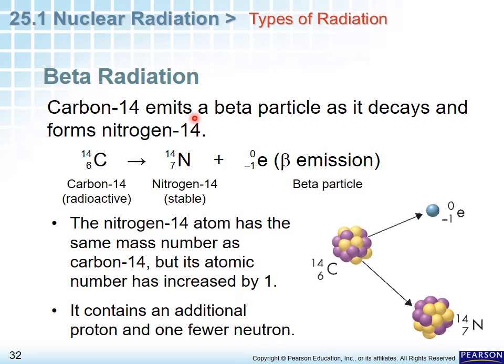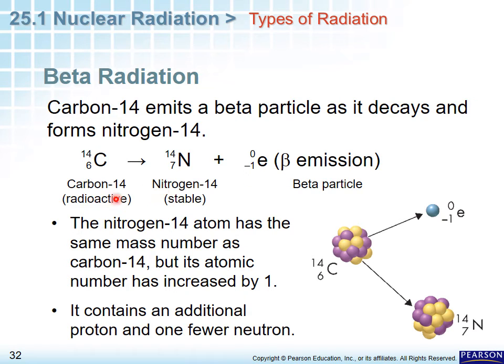Now carbon-14 emits beta particles as it decays and forms nitrogen-14. So this is the decay of carbon-14. You can see here carbon is going to decay, and after that it is converted into nitrogen with beta emission.